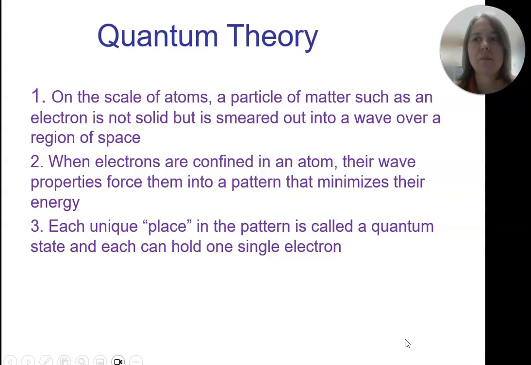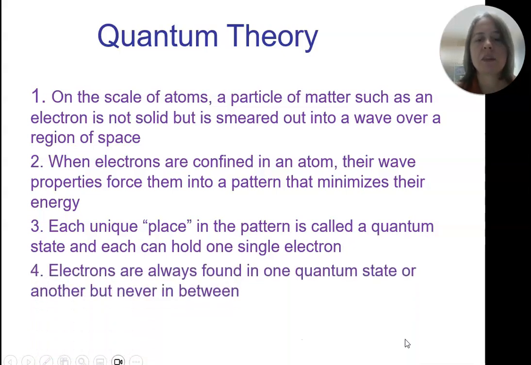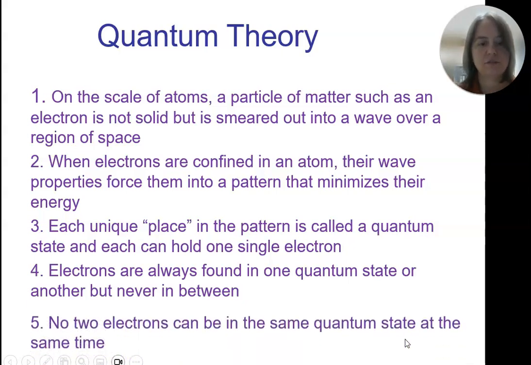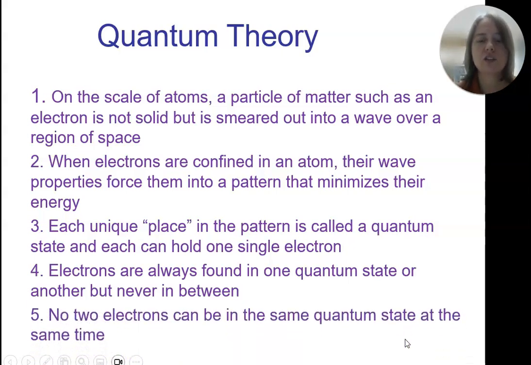And each unique place in the pattern is a quantum state, and it can only hold one electron. So one electron per quantum state. And electrons are always found in a quantum state or another one, never in between. And no two electrons can be in the same quantum state at the same time.